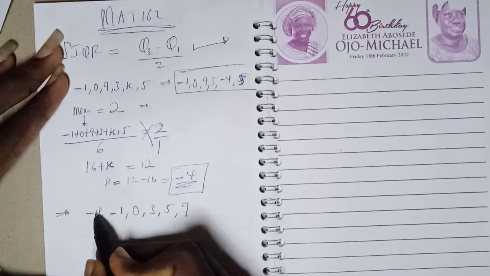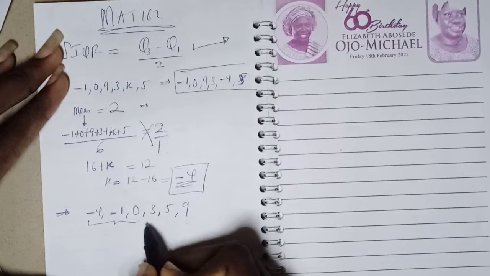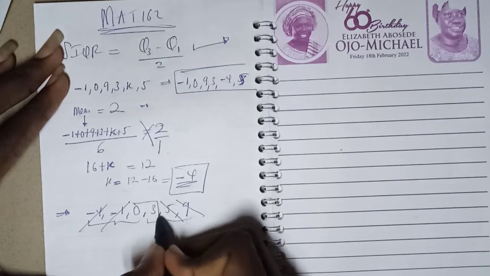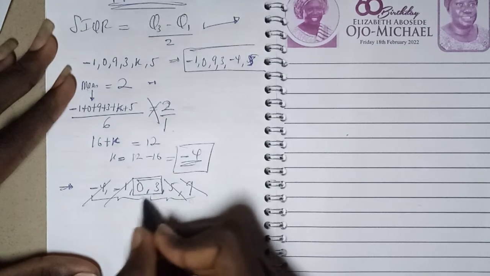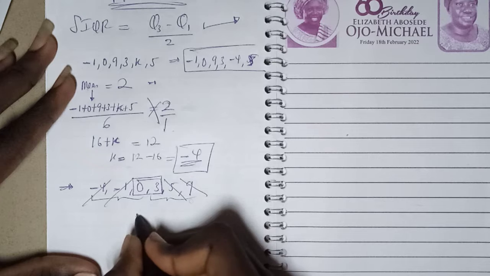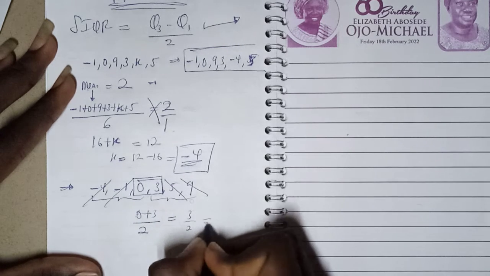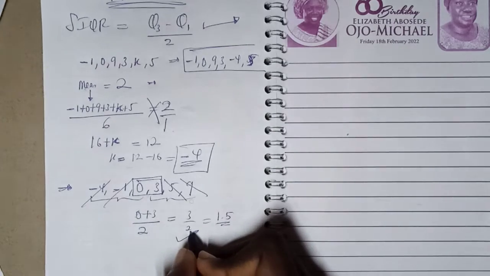So where is the median? From here to here, and then from here to here. If I cancel these, this is what I have left. So the median becomes the average of these two values. That's 0 plus 3 divided by 2, which is 3 over 2, and that should be 1.5.